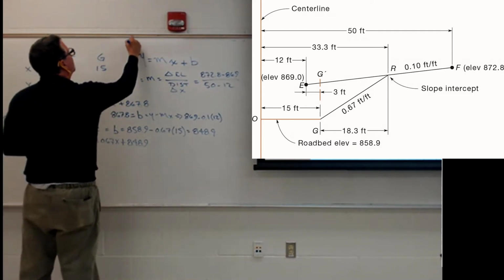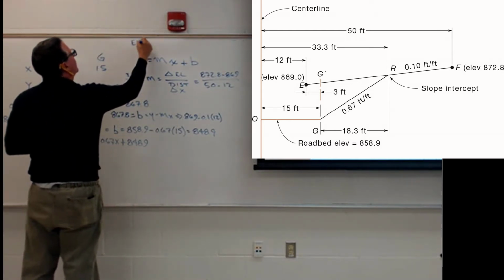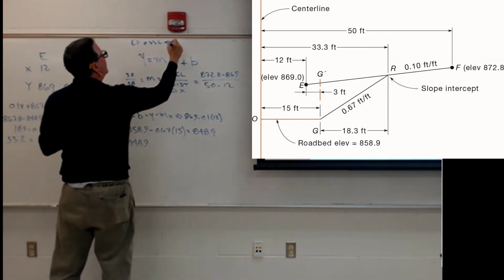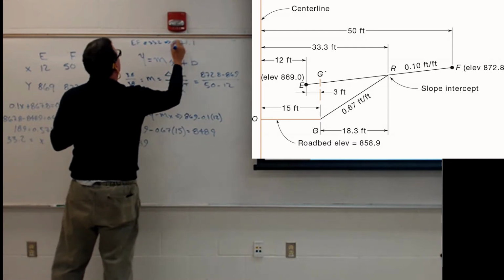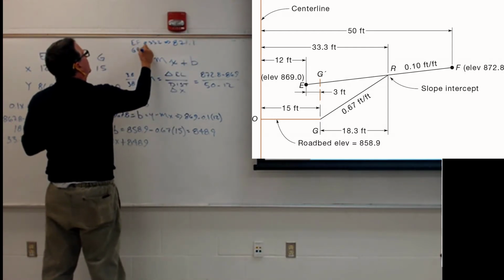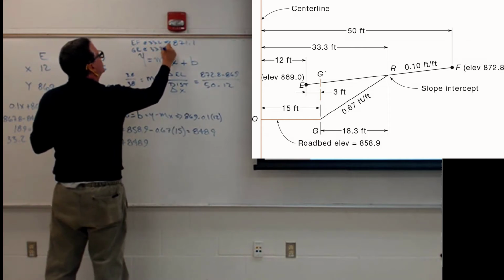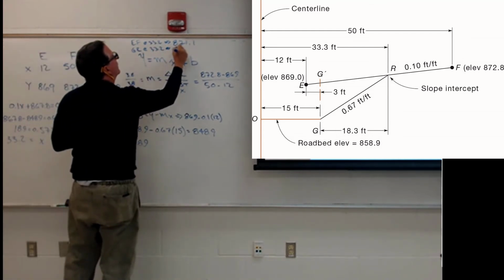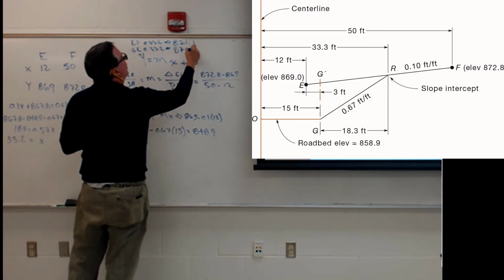So for the EF at 33.2 gives me 871.1, and on the GR at 33.2, times 0.67 plus 848.9, almost the same.